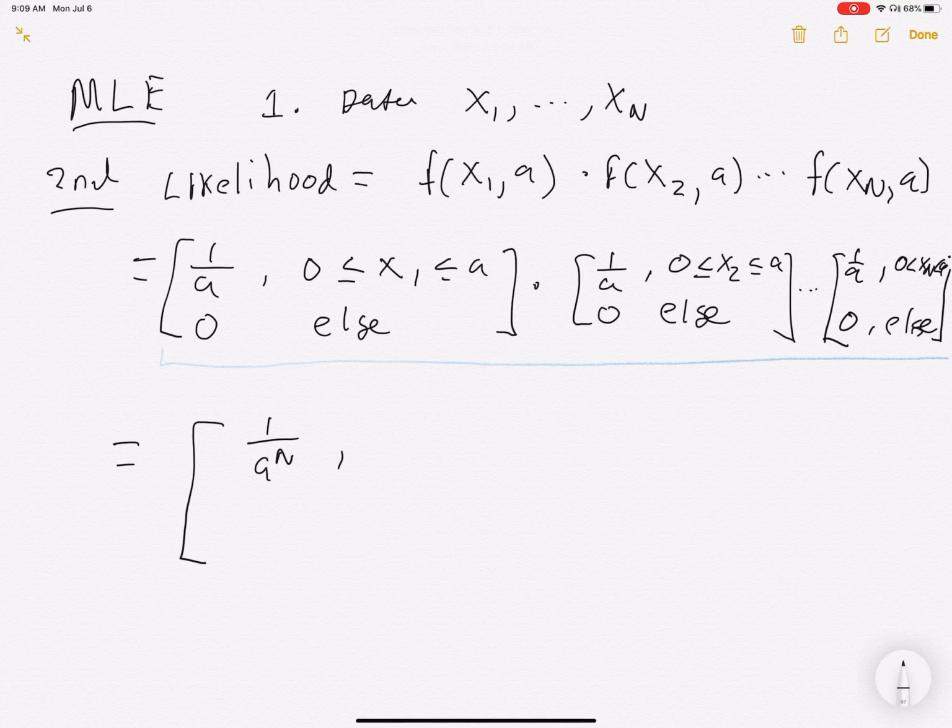And that means that every single x sub i has to be less than a. So that means that the maximum has to be less than or equal to a. Otherwise, we get a value of 0.